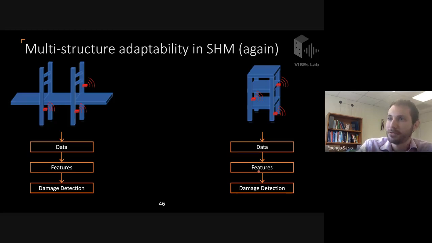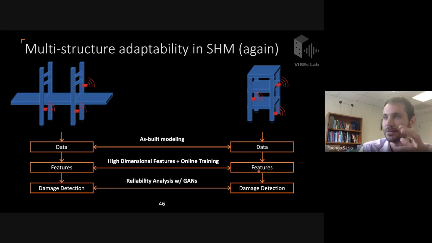So coming back full circle now, if our goal is multi-structure adaptability in SHM, hopefully I've convinced you that there's a couple of elements of this work that fit into this.